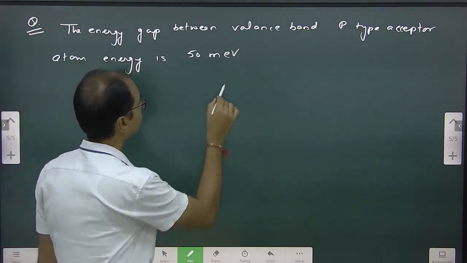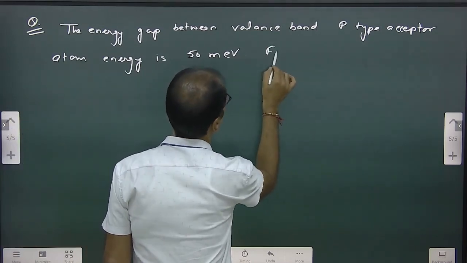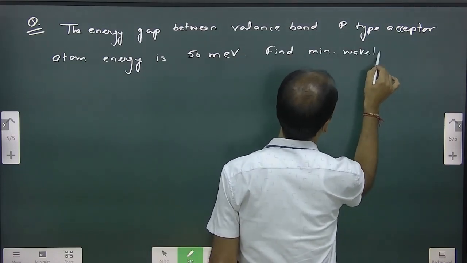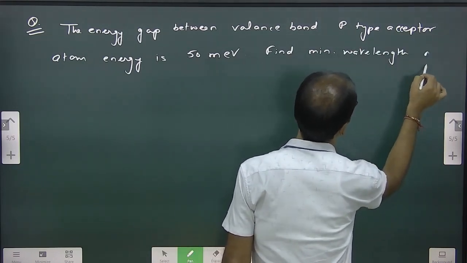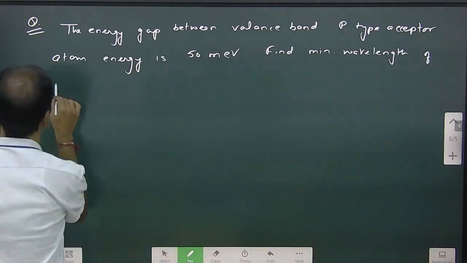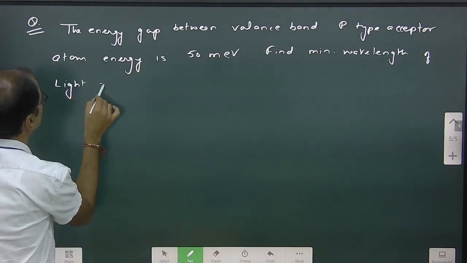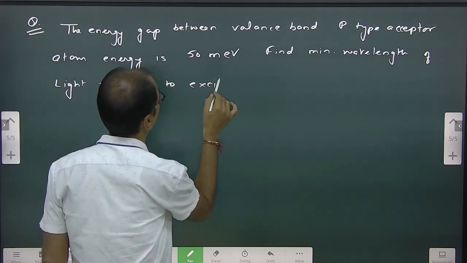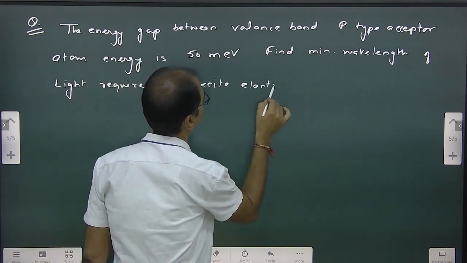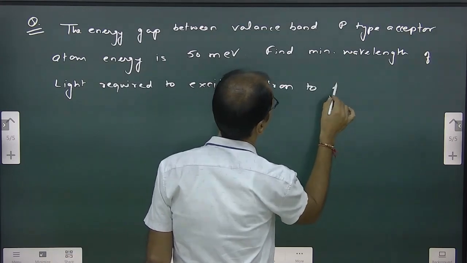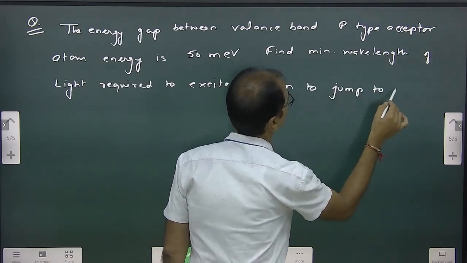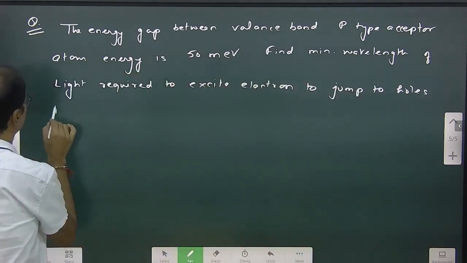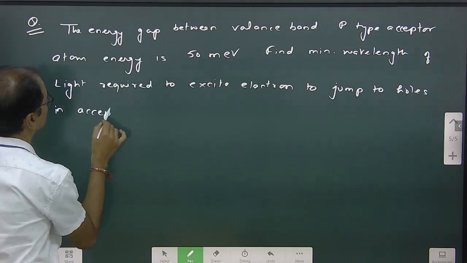Find the minimum wavelength of light required to excite an electron to jump to holes in the acceptor atom.